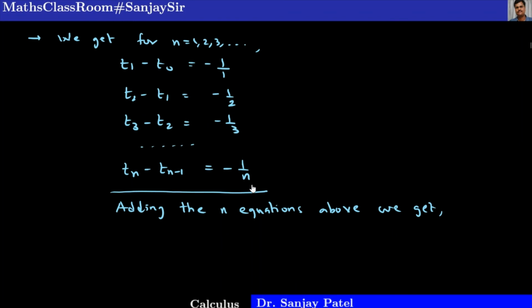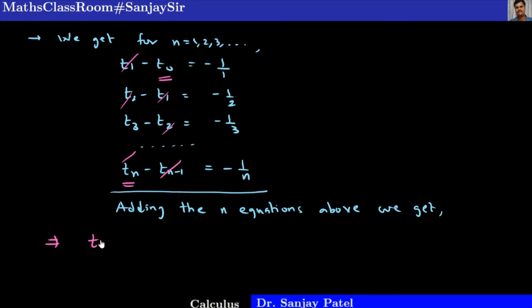What happens here is when you add all these equations, T1 will be cancelled, T2 will be cancelled, and so on. Similarly Tn minus 1 will be cancelled. So what we are left with is only this term and Tn.